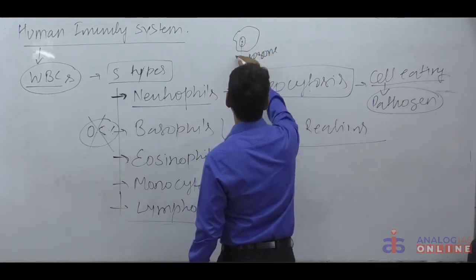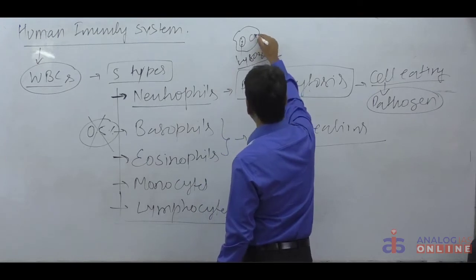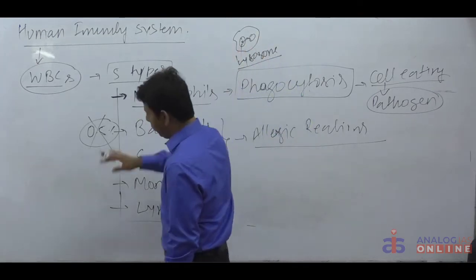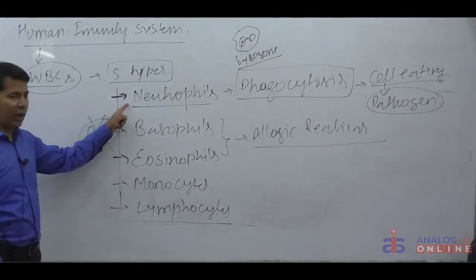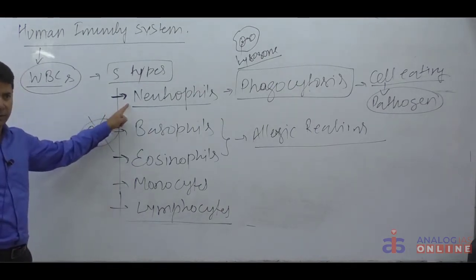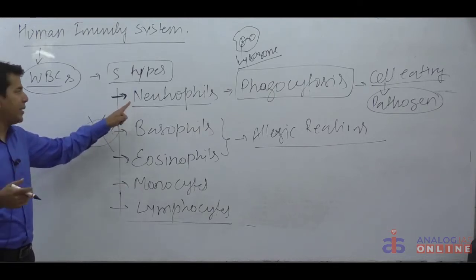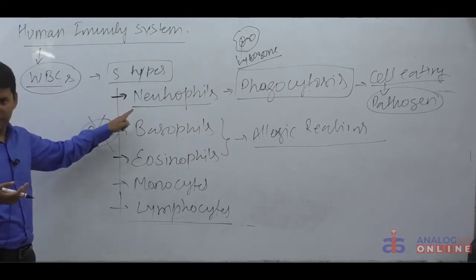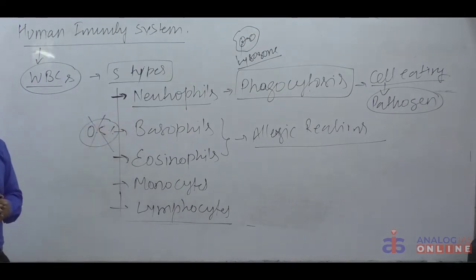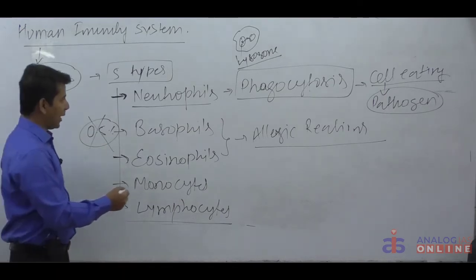So lysosome bursts onto this pathogen, and then both WBC and pathogen are killed, right? So this is basically a suicide bomber kind of thing, neutrophil. They have a bomb inside that is called lysosome, and they allow this pathogen to enter into their own body, in their own cell, and then the lysosome will release the enzyme, and this enzyme will kill both pathogen and neutrophil. That's done, right?